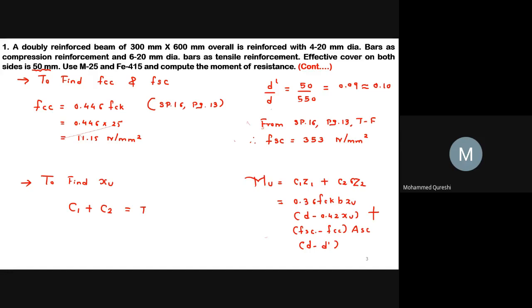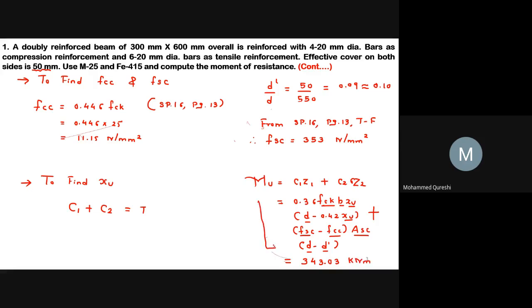So after inputting all the values of fck as 25, b 300, XU we had calculated earlier, that is 93.04, small d as 550, XU as 93.04, fsc as 353, fcc 11.15, Asc 1256, D 550 and d dash 50, you will get the value of Mu as 343.03 kilonewton meter.